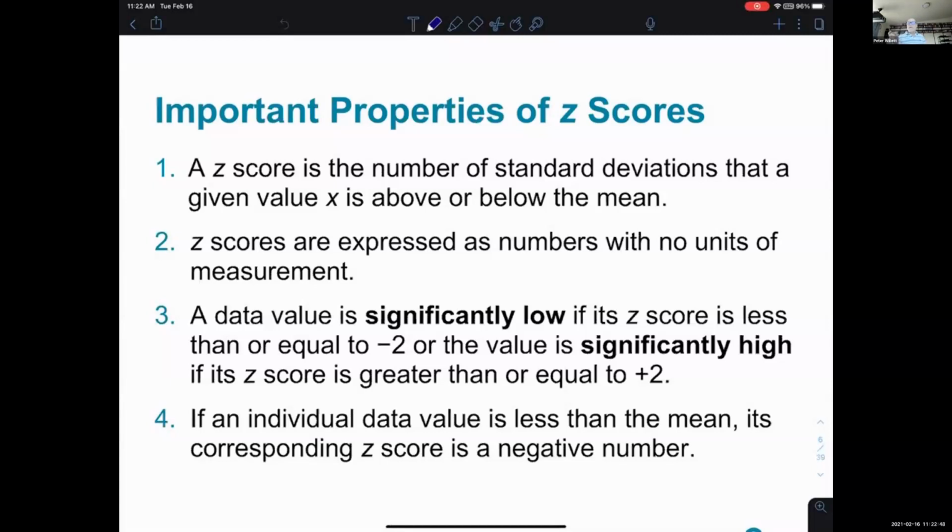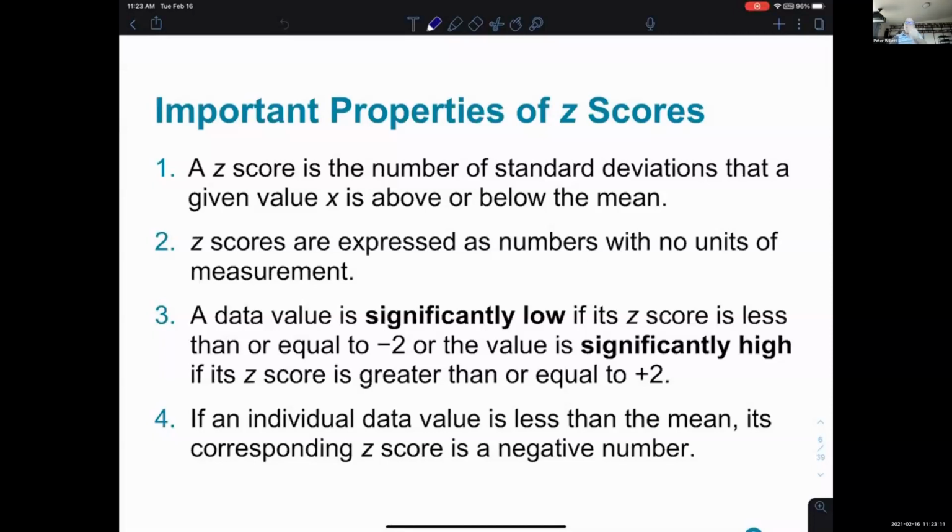If my standard deviation is 3 inches and my mean is 5'8", then if I add 3 inches to 5'8" and get 5'11", that would be 1 standard deviation above the mean. And that means that 5'11" would have a z-score of 1. 6'2" would have a z-score of 2, being 2 standard deviations above the mean.